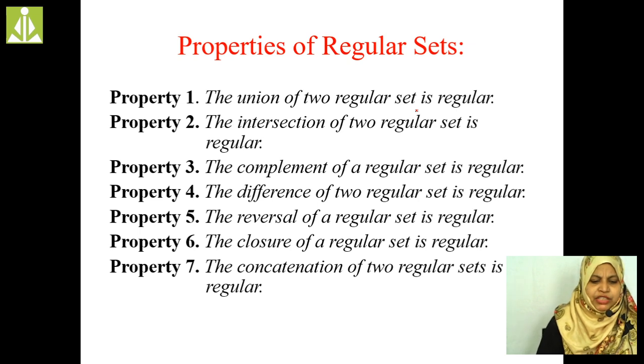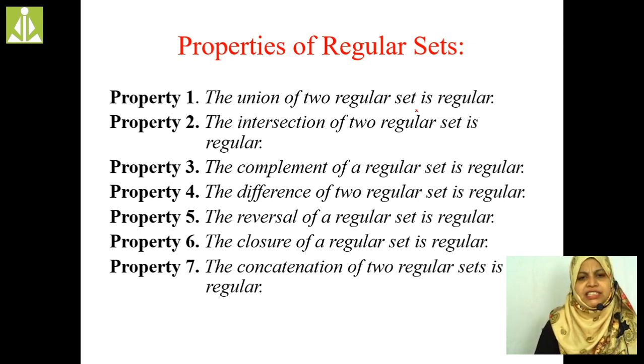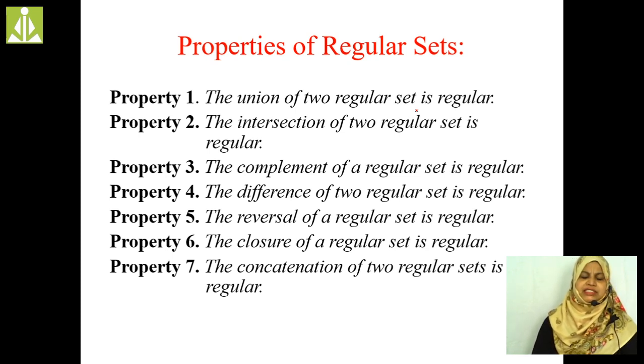What is the first property? The union of two regular sets is regular. Second property, the intersection of two regular sets is also a regular set, right? Third one is the complement of a regular set is also a regular set, right?